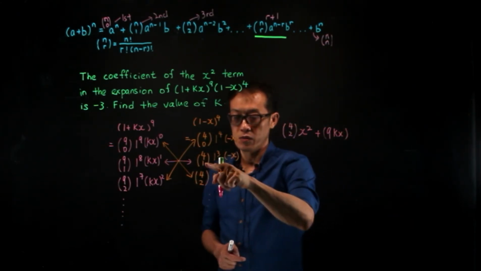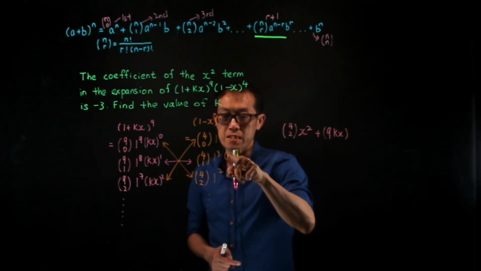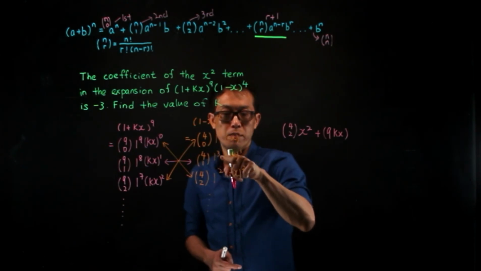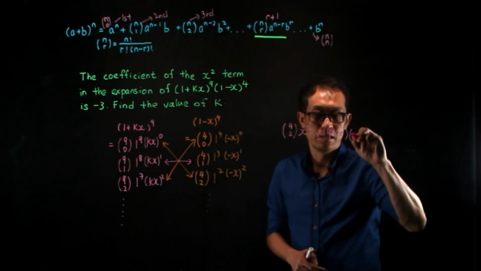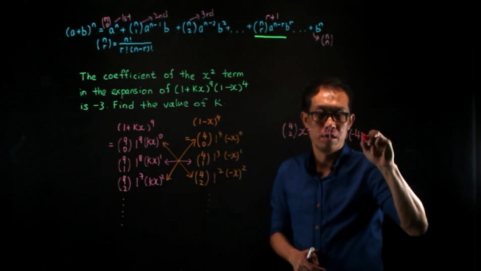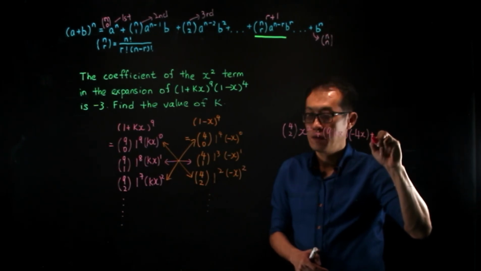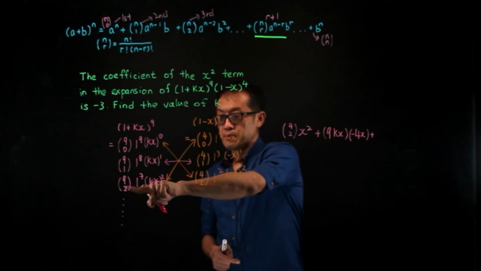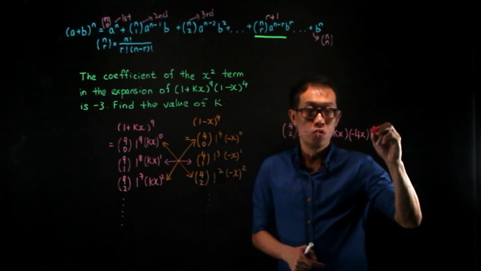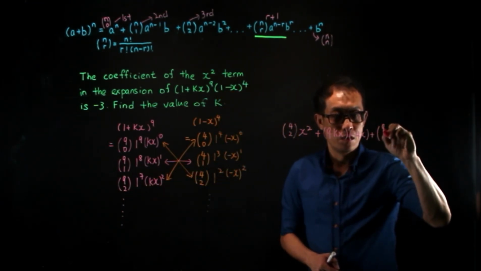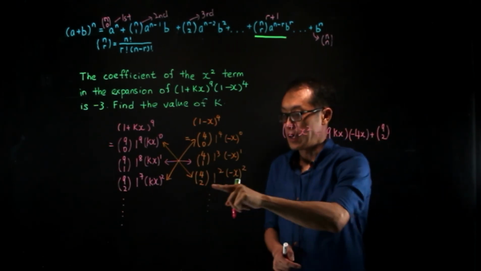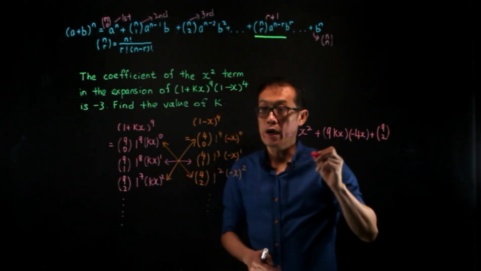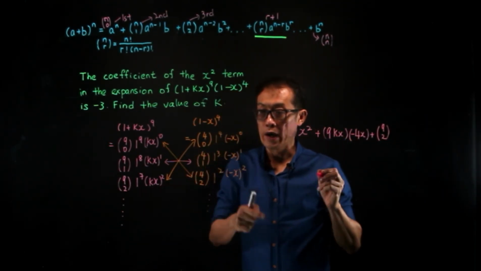Now what is over here? Here is 4, so minus 4x. Now we are left with this term. So this is 9C2, and this is kx squared, and this is 1.